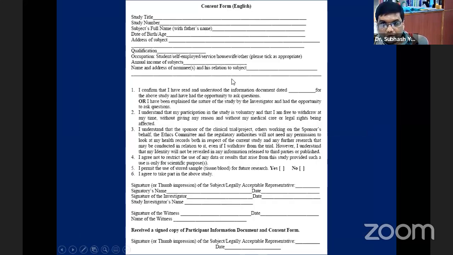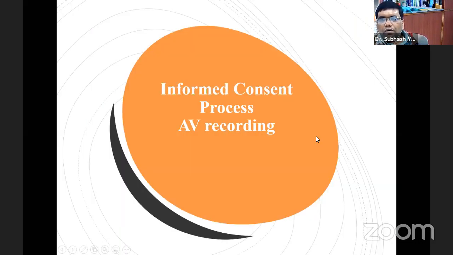So this is the consent form which is signed by the subject, with the title, name, qualification, occupation, name and address, and nominees, and all these are there mainly for compensation issues. And you can also see whether the sample is to be stored for future research, which you have to mention separately. So this is the prototype of a consent form.